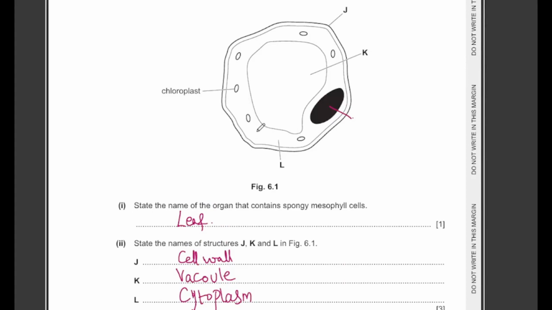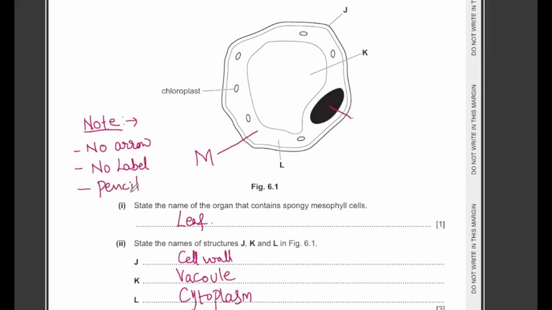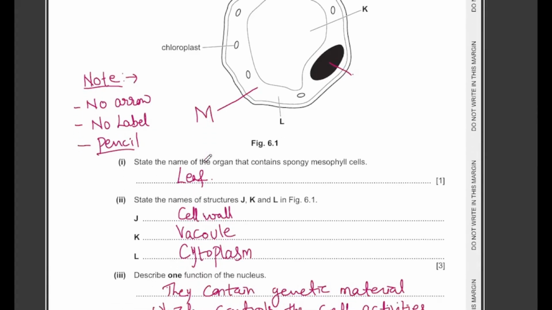So basically you can just draw like this, no arrow marks, use only pencil and just write M. Please remember the note: use no arrow, do not label it as a mitochondria until they ask you, and use only pencil. Fine, they have just asked you to label M, so that's it, and that's an M here. Please do note, before you draw any diagram, use only HB pencil.